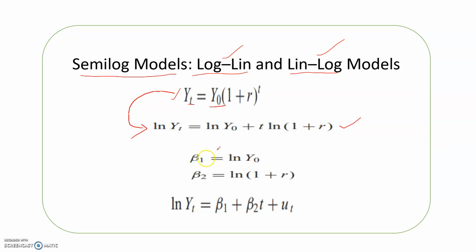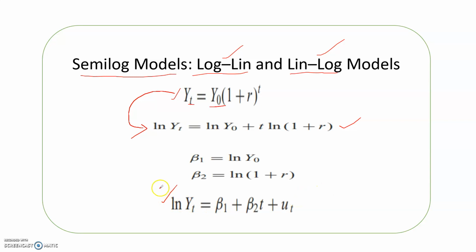Then if we let natural log y naught equal beta 1 and this whole term beta 2, we get natural log yt is equal to beta 1 plus beta 2 t, and if we add the disturbance term as well, then ut will also be added.